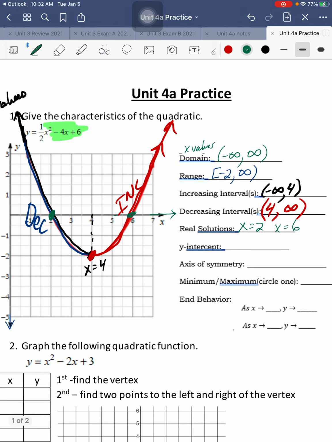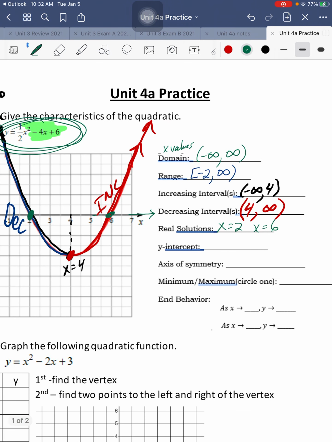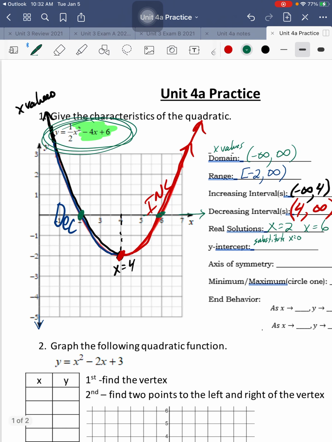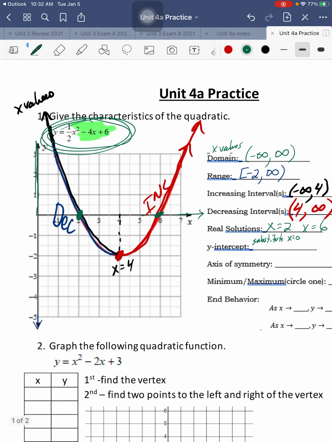Y-intercept. I don't really know what the y-intercept is here from the graph, but there is a way to know if you're given the function. To find the y-intercept, you substitute 0 in for x, because along the y-axis, all those points, like 0, 1, 0, 2, 0, 3, the thing that's in common with any graph that crosses the y-axis is the x value is 0.